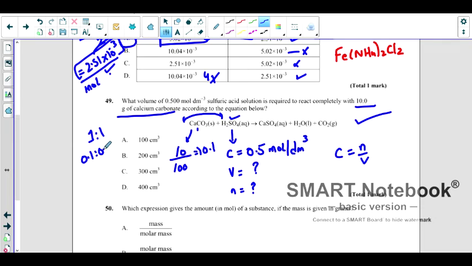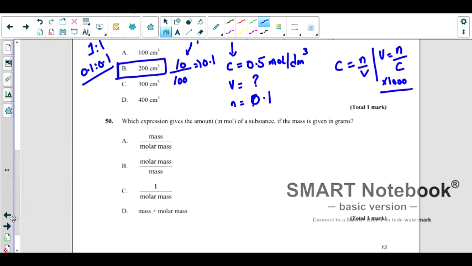So the number of moles of the acid will be 0.1. Now you have the concentration and the number of moles. So how can you find the volume? Volume is n over C. When we do this, we get 200 centimeter cube. Just when you get your answer, times it by 1000 to convert it into centimeter cube.